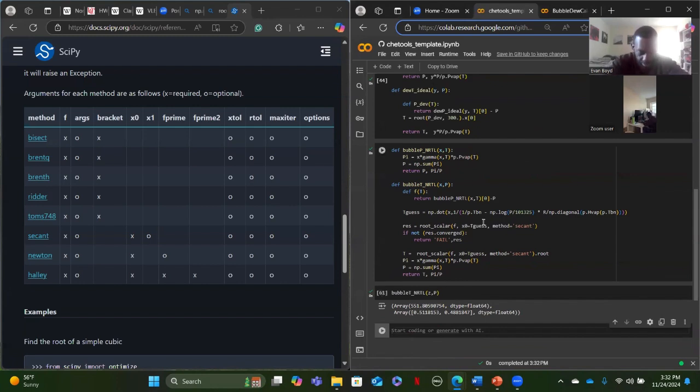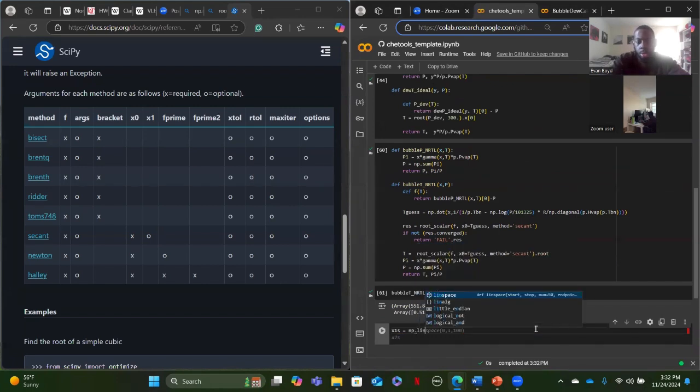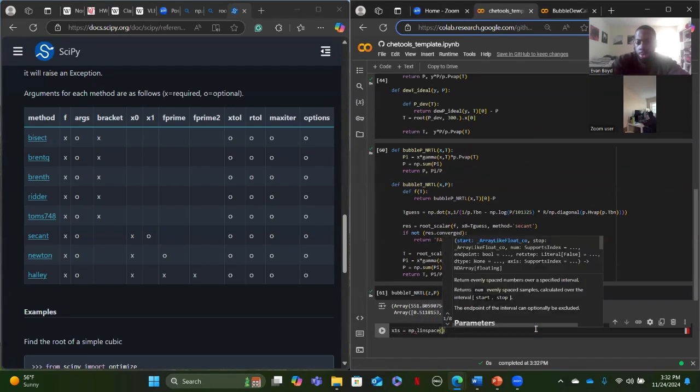Okay. So what we will do is start with our x1s, and our x1s will be equal to np.linspace. And we can just do from 0 to 1, to represent our mole fraction, and then we can just do like 150 points.